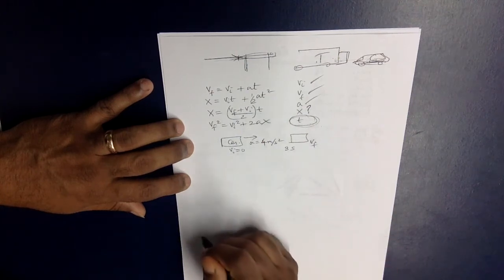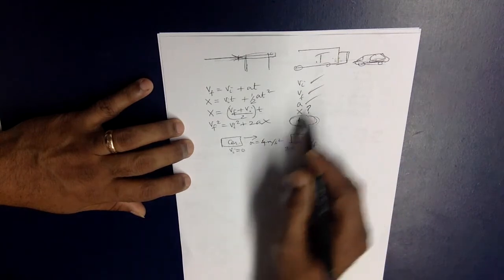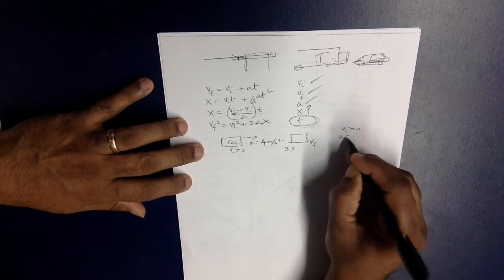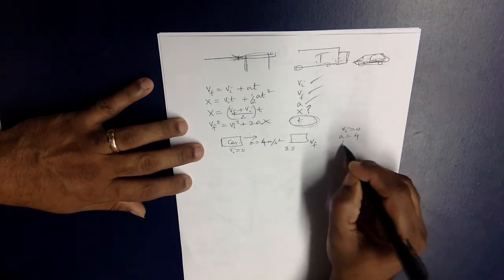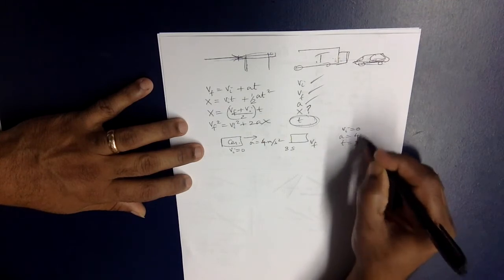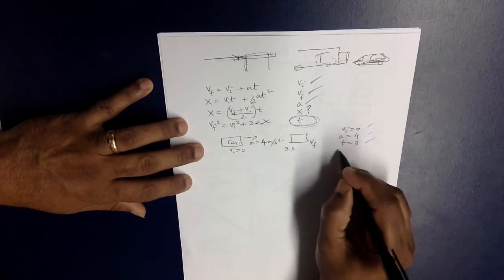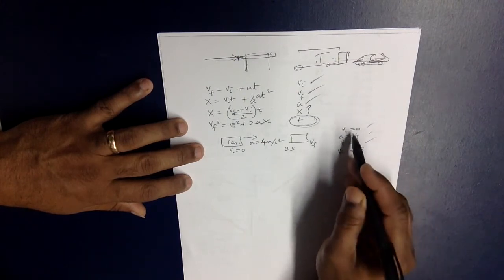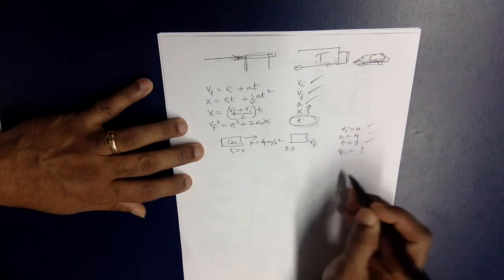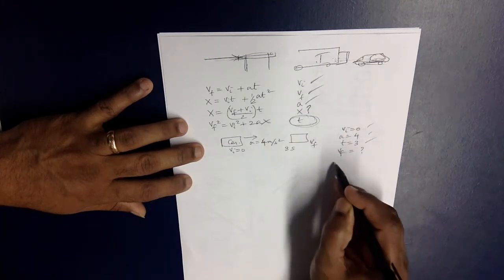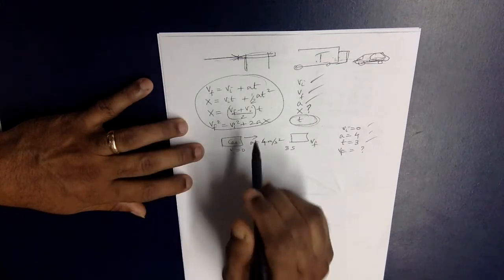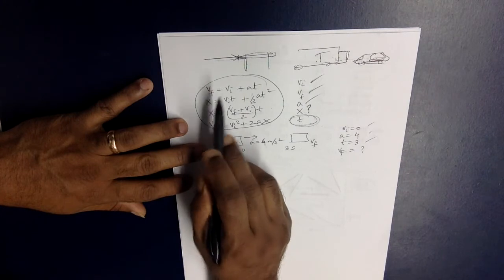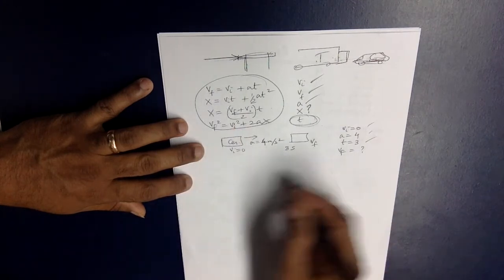To find that, check the list. You have initial velocity, acceleration, and time, so you have 3 things already, and what is required is Vf. Now what is the thing that is not given to you here? Out of these 5 variables, x is not given to you. So when x is not given, you pick an equation which does not have x. This has x, this has x, this has x, that one doesn't have x. So you pick that equation.